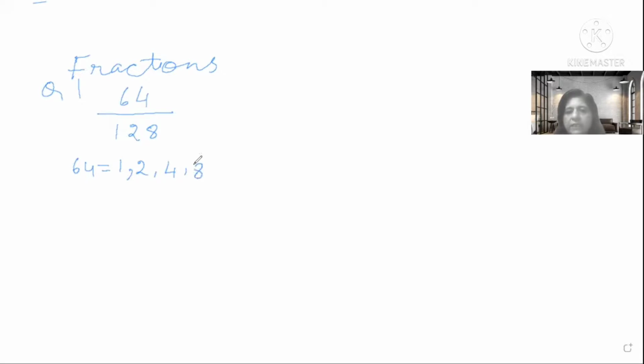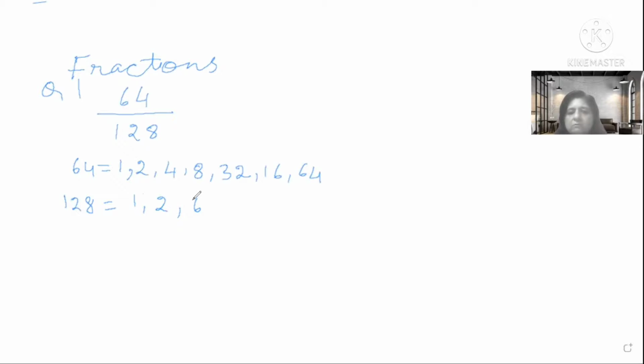So what are the factors of 64? It is 1, 2, 4, 8, 32, 16, and then 64. Now write down the factors of 128.